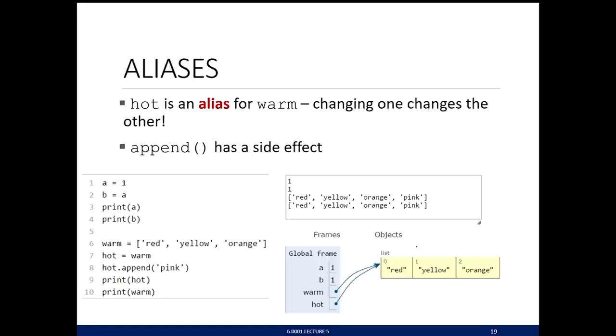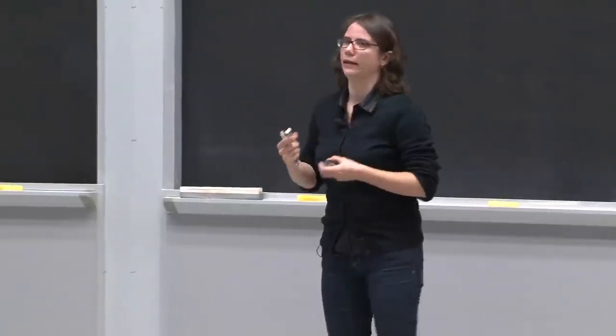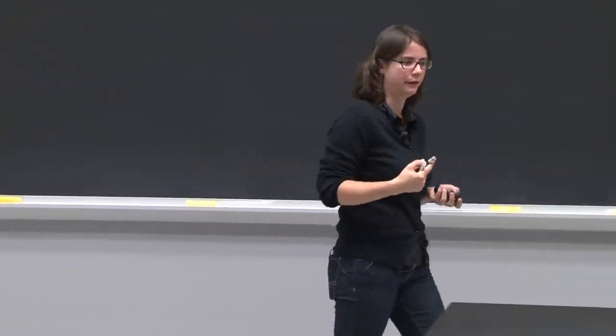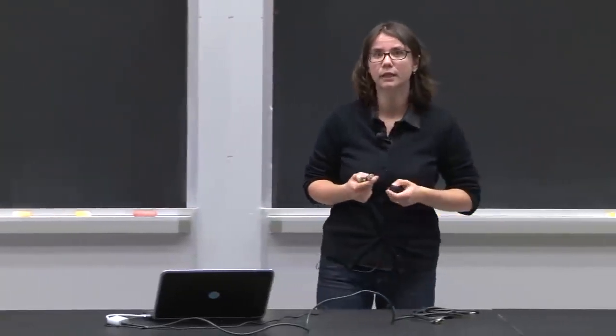So on line 8, when I append the string pink to my object, since both of these two variables point to the exact same object, if I access this object through either variable, they're both going to print out the same thing. And that's the side effect. That's the side effect of lists being mutable.